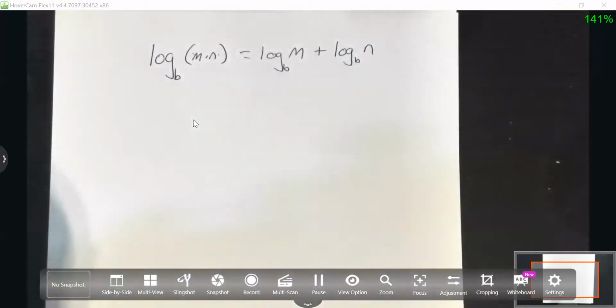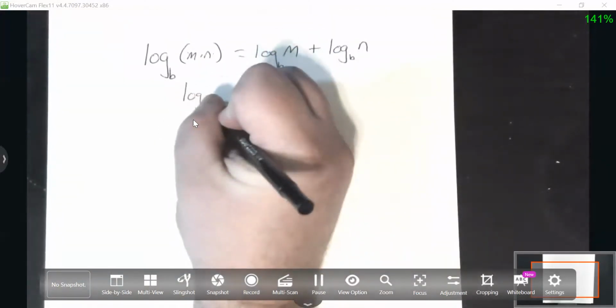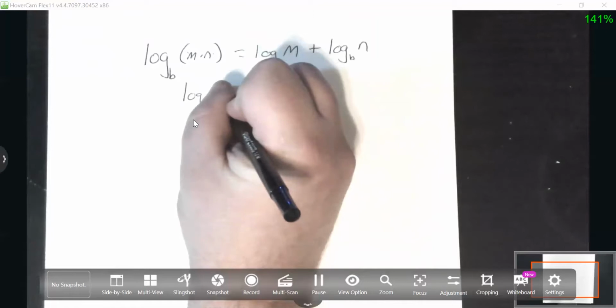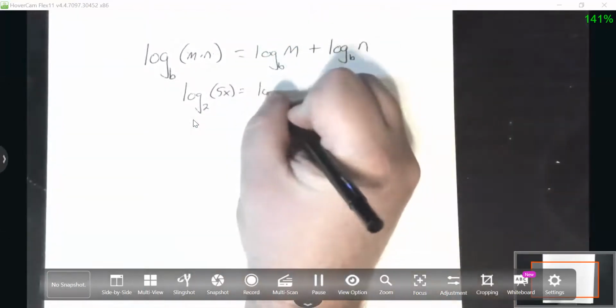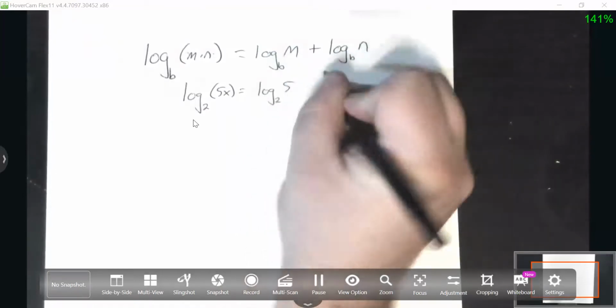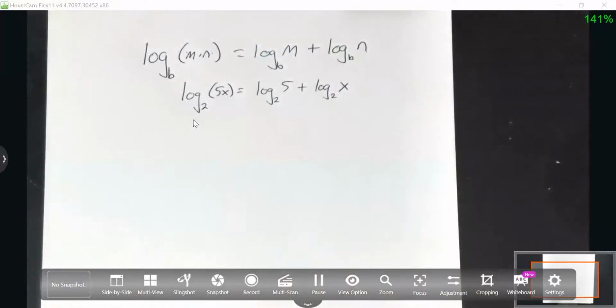Quick example of this would be log base 2 of 5x. If we wanted to, we could split this apart as log base 2 of 5 plus log base 2 of x, and that would be fine.